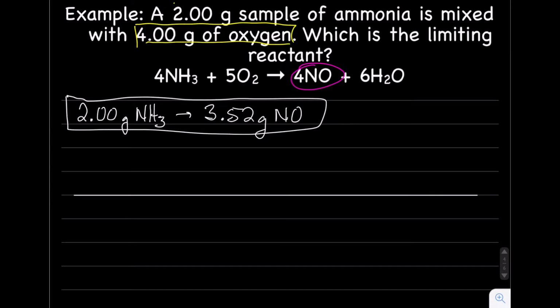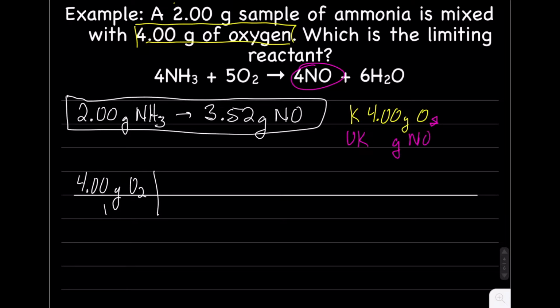And we'll have 4 grams of oxygen over 1. Oh, I guess I should identify my known and my unknown. So my known is 4 grams of oxygen. And my unknown is still going to be grams of NO.